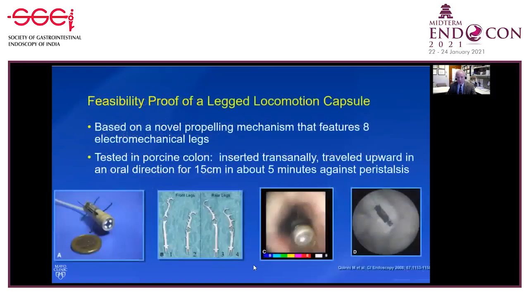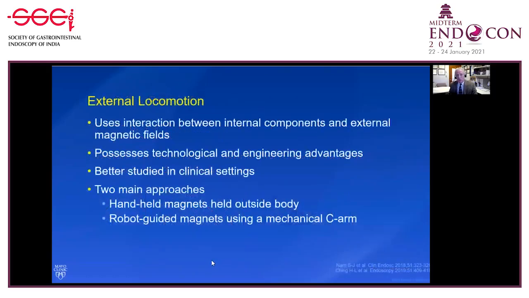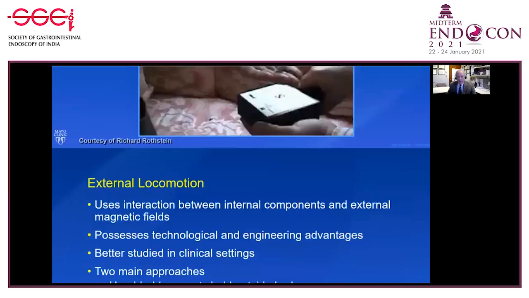But an example would be this legged locomotion capsule that you can see that was tested in a porcine colon model. The external locomotion uses interaction between internal components and external magnetic fields, and it has been better studied in clinical settings. And the two main approaches are handheld magnets or robot-guided magnets.